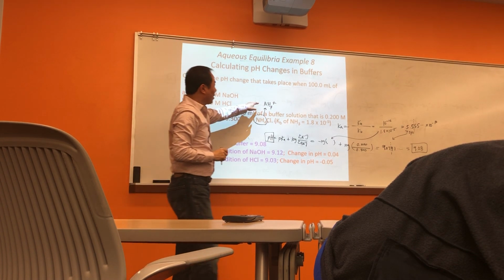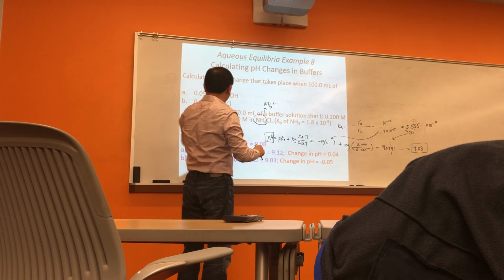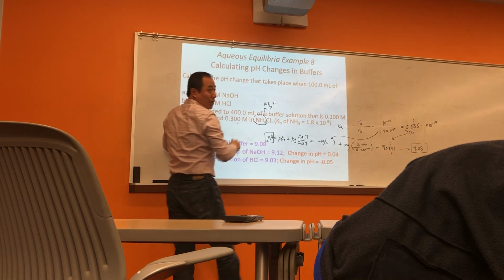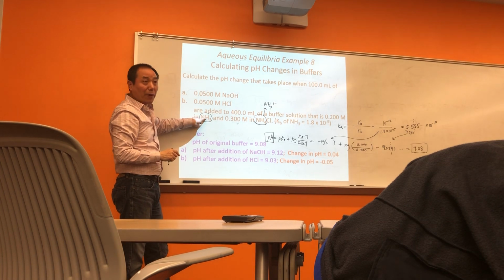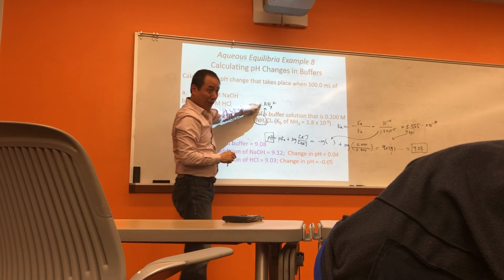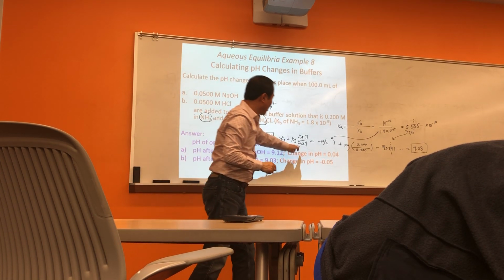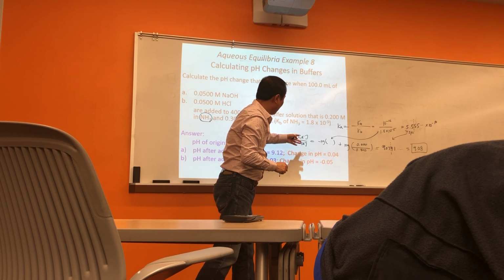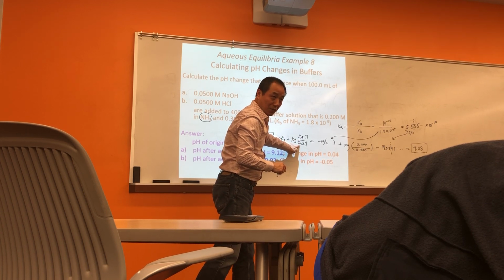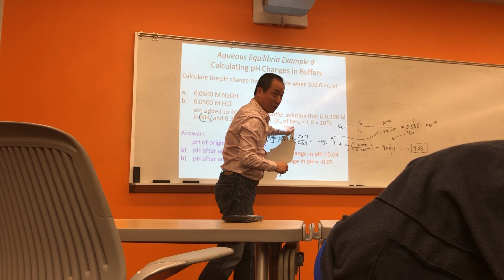This is not a typical acid, but when we compare these two, this is more obviously the base, and this is the conjugate acid. So in this equation, we use the conjugate acid here and the base there. Okay.